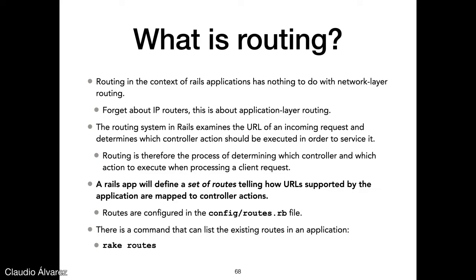The routing system will examine an incoming URL. It will take the client request and infer from it which controller must be run, and which specific action in the controller must be run in order to service the request.